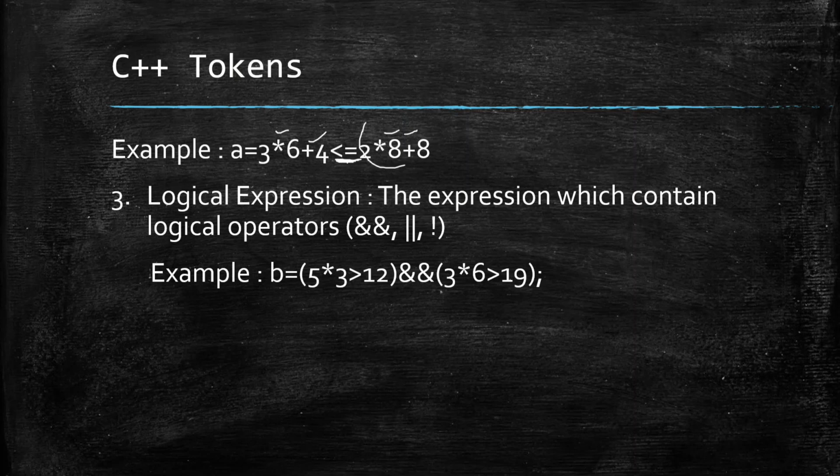So this expression will be executed, this expression will be executed, and then we'll check the relational operator. Fine. So this is how they work. So you can see A is equal to 3 into 6 plus 4. This part of the expression would be executed first and then the remaining part, and then we'll be comparing them with our relational operator.